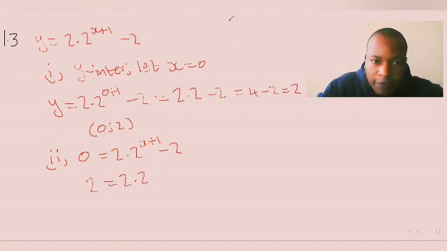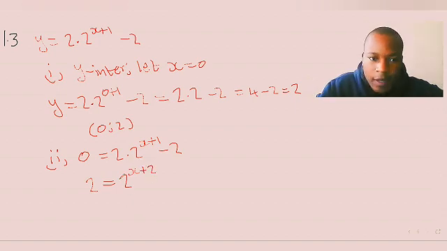Actually, before we do that, since we are working with the same base, we just need to add the exponents. So this would be x plus 2. Now the left-hand side will have 2 to the power 1, and the right-hand side will have x plus 2.